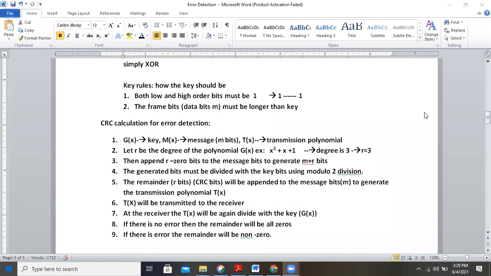Anybody else? Yes, roll number 20, you can unmute and tell me. No need to put it in the chat box.